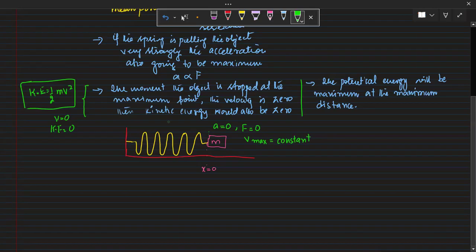Why? Because if the object is moving with the same constant speed, and that speed is considered the maximum speed, then the force and the acceleration would be 0, right?